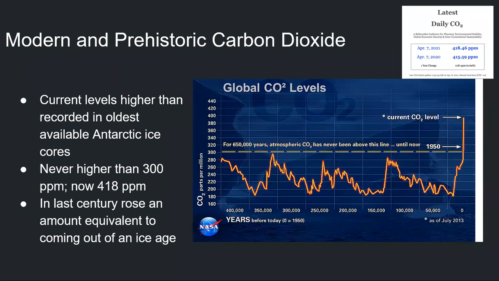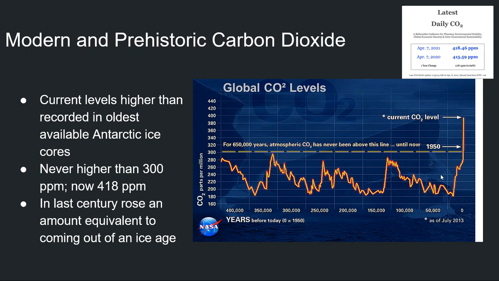But usually those cycles of warming and cooling occur over thousands, tens of thousands of years, even 100,000 years. The particularity of our time is that we as humans dumped a lot of carbon into the atmosphere that was usually trapped in the ground and not in the system. By releasing all that carbon, we are triggering warming that's already happening and is going to increase in the last centuries.